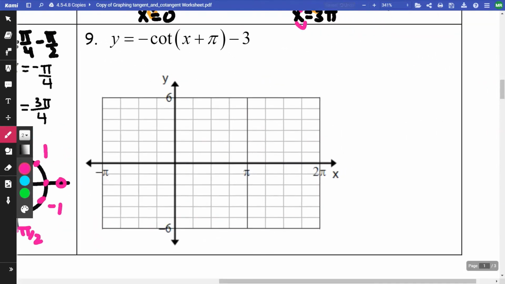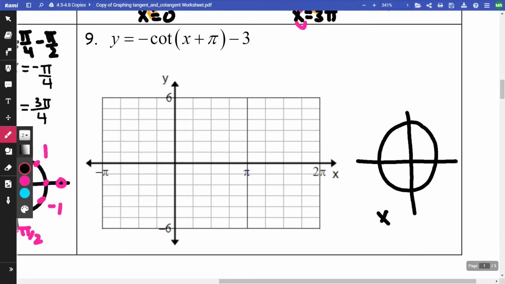Number 9. For this one, it is a cotangent. When I'm thinking of a cotangent, again, I know I'm drawing this over and over, but it just helps to visualize that this is going to be x over y. And that means my y is 0 here and here. So I'm going to go from 0 to pi, and then I'm going to plot the 1, the 0, the -1.